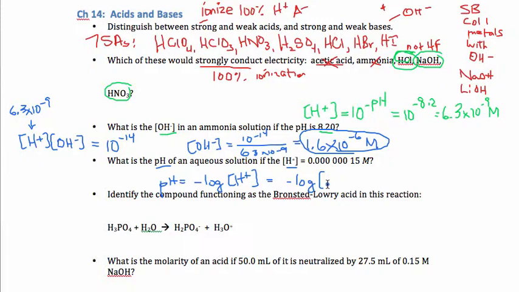So minus the log of 1.5 times 10 to the minus 7. I should see something around a 6 or a 7. I would go 1.5 times 10 to the minus 7, and I'll get negative 6.8. And I make it positive. That's what the change sign is there in the front. Okay, 6.8.